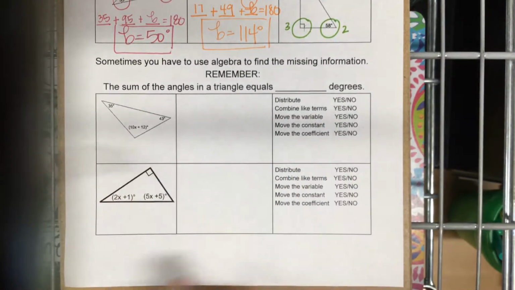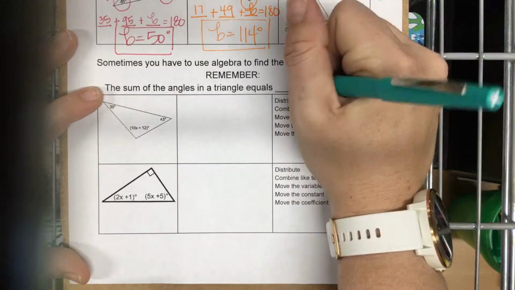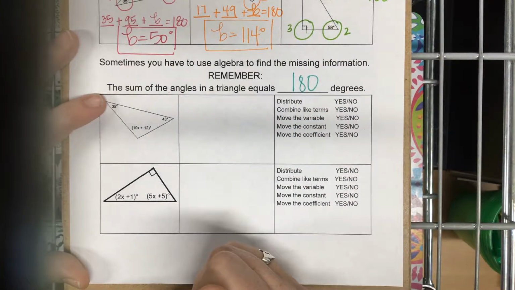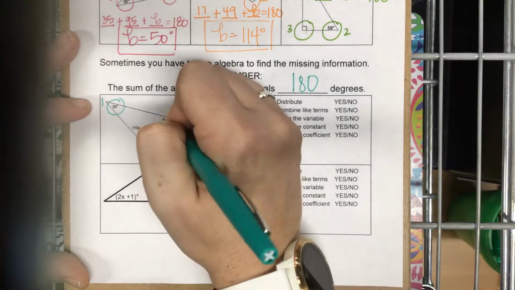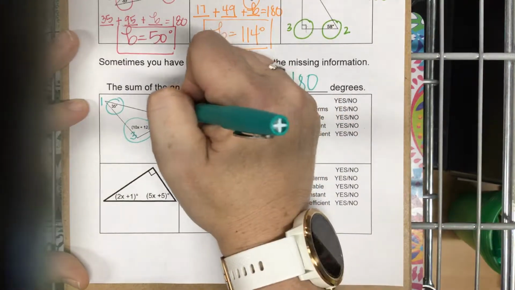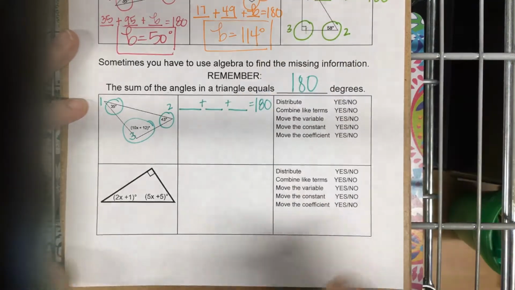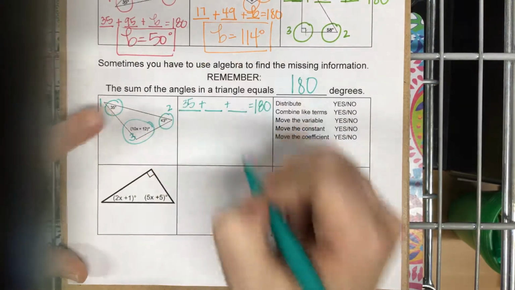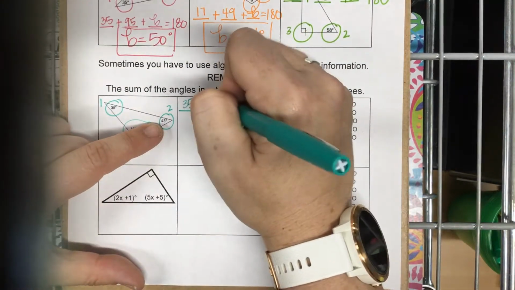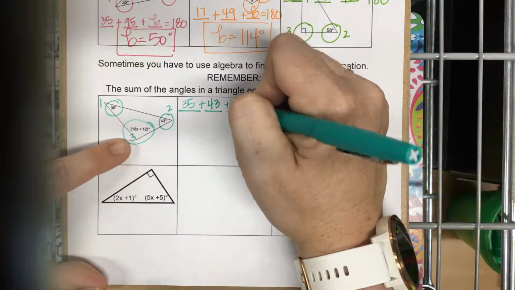Now let's go down here and try a little bit harder. But if we use our algebra skills that we've just done, we should be okay. Again, remember, the sum of the angles in a triangle equals 180 degrees. So angle 1 plus angle 2 plus angle 3 equals 180 degrees. 35 is angle 1, angle 2 is 43, and angle 3 is 10x plus 12.